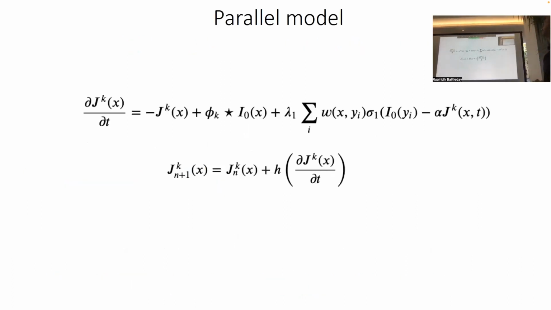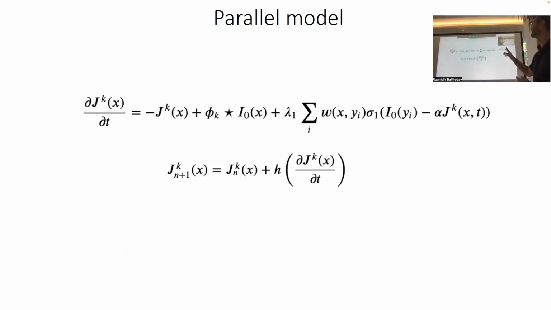So this is an iterative model for the parallel model, meaning that there is a direct input from LGN cells to cells in V1, and those cells in V1 can produce, we claim, complex behavior.